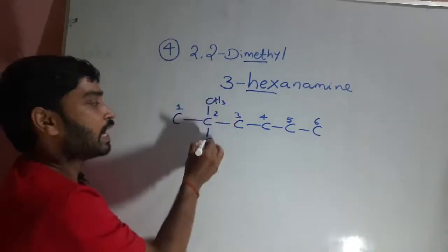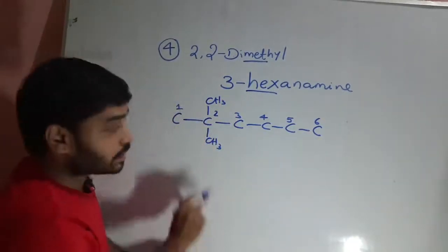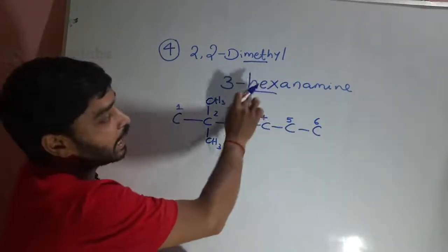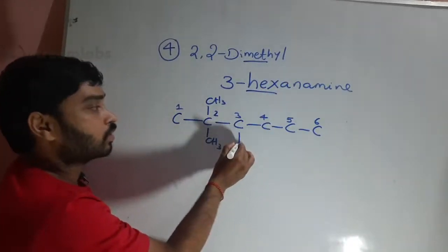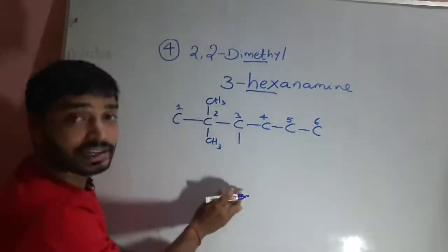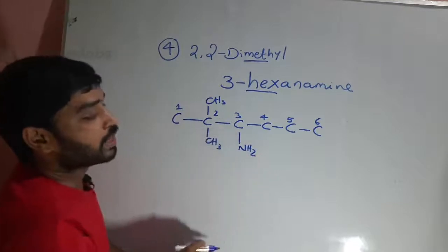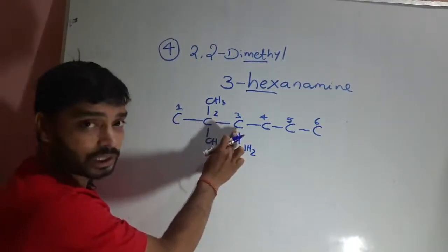So CH3 and CH3 are present directly bonded to the second carbon, and hexanamine means 6 carbons are present, and amine is present at the 3rd carbon, directly bonded to the 3rd carbon atom. That means the amine functional group, NH2, is directly bonded to the 3rd carbon atom.